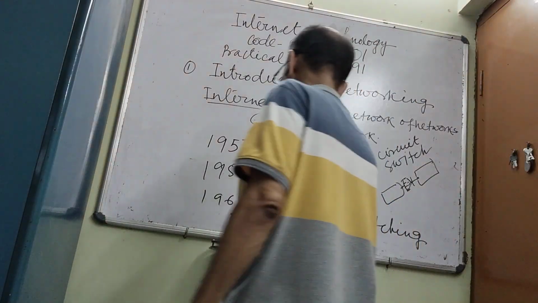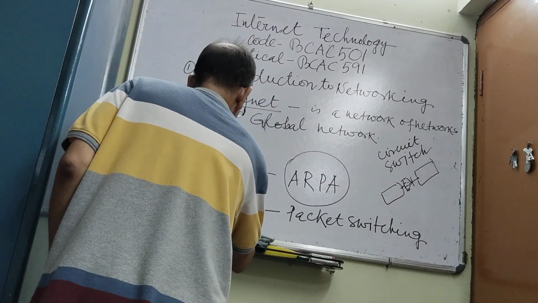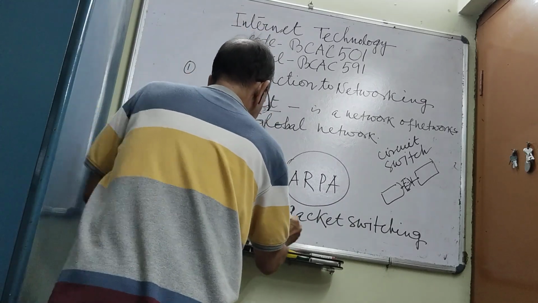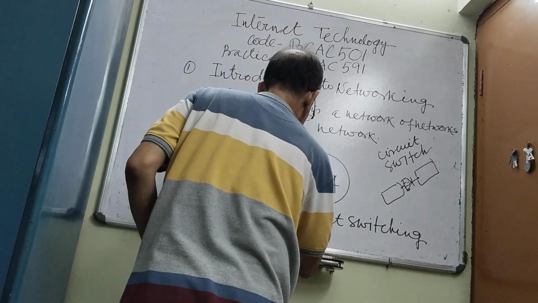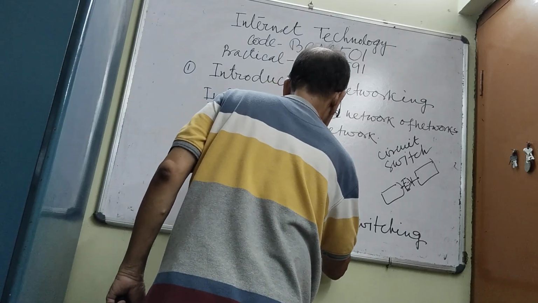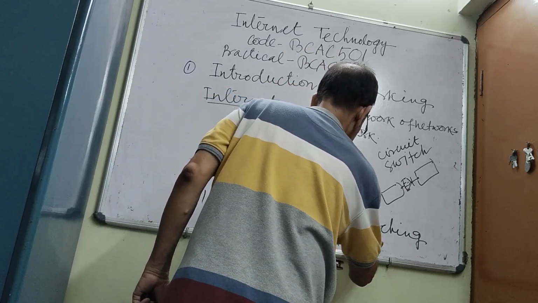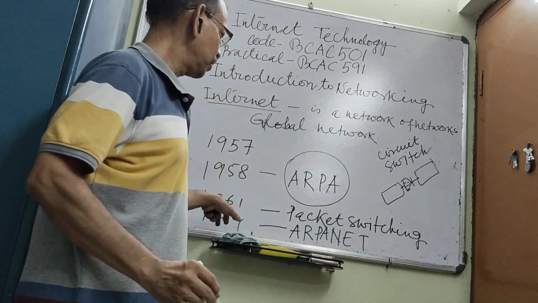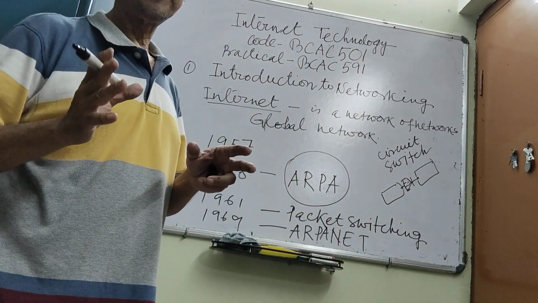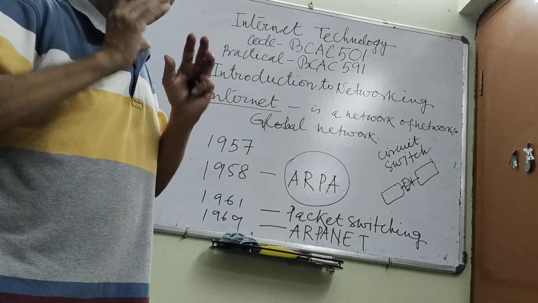And in 1969, ARPANET was first developed. At this time, the internet was first developed.